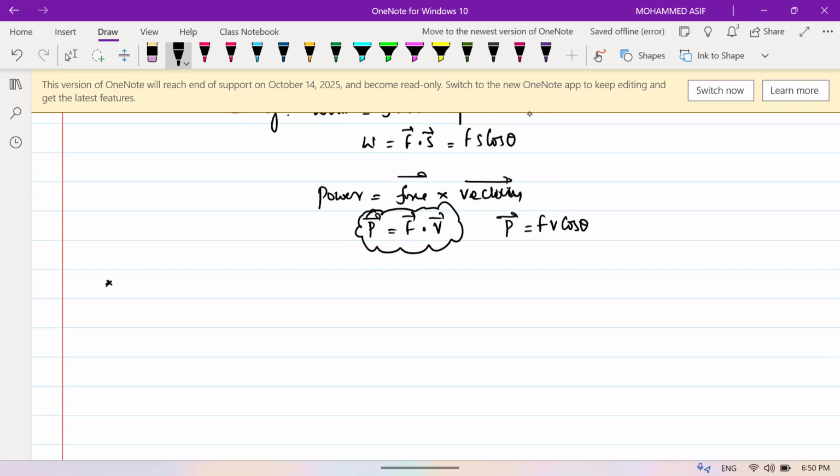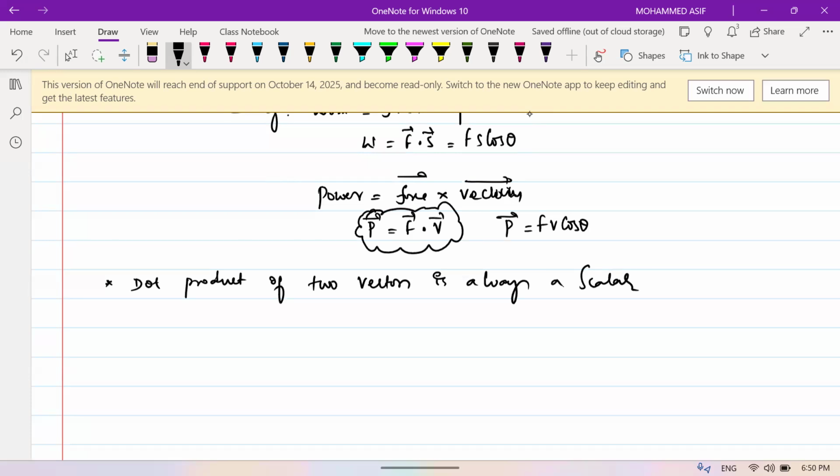And try to remember, the dot product of two vectors is always a scalar.